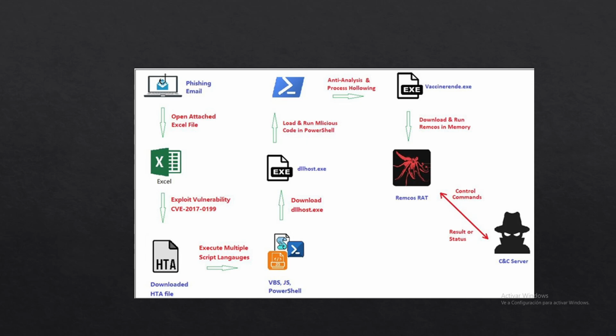So here is a more graphical way of describing this phishing technique. So let's see it. First, it starts with the phishing email. Then the user opens this attached Excel file, which is compromised with the exploit that we just talked about, the CVE-2017-0199 vulnerability.